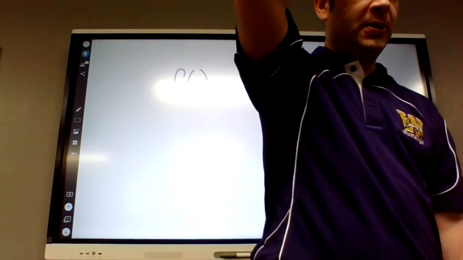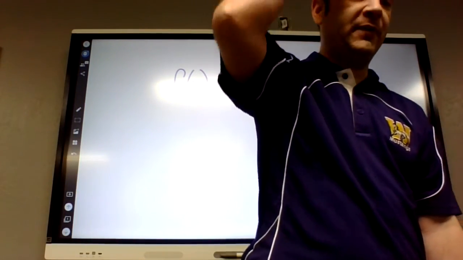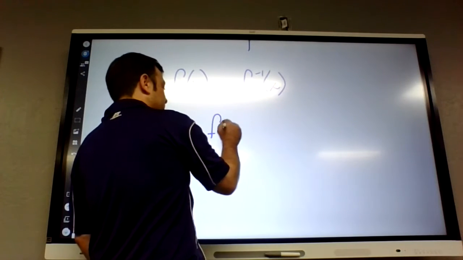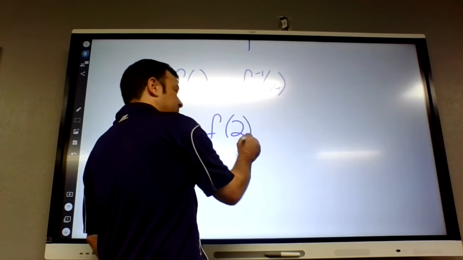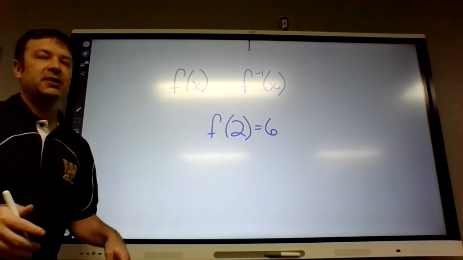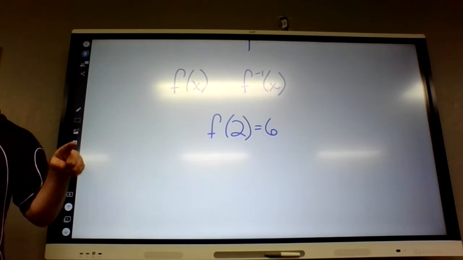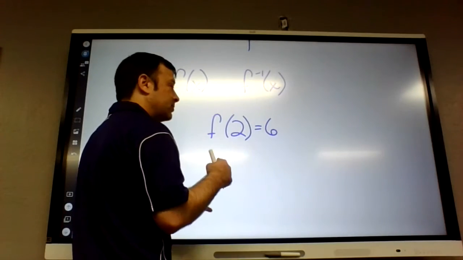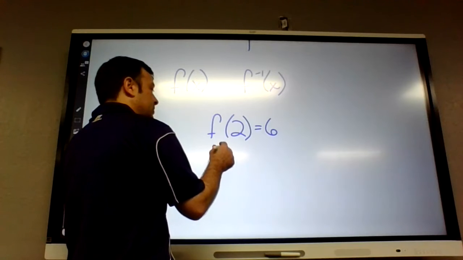Alright, so on number 1, it says suppose f has an inverse. If f of 2 equals 6, that basically means when the x value is 2, the function value, which is like the y value, is 6. So inverse functions switch the x and y values.